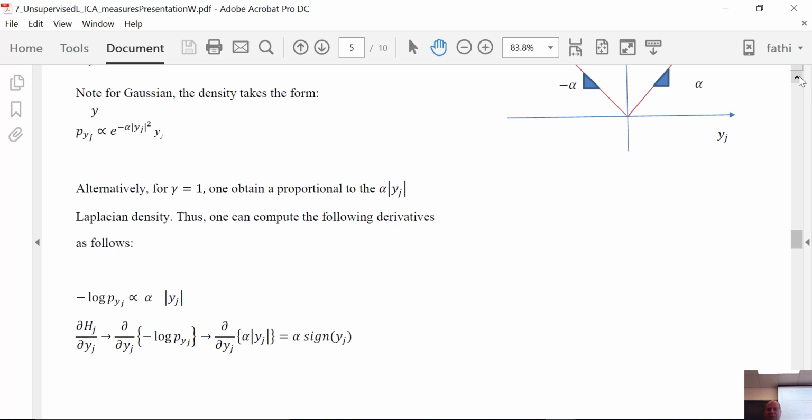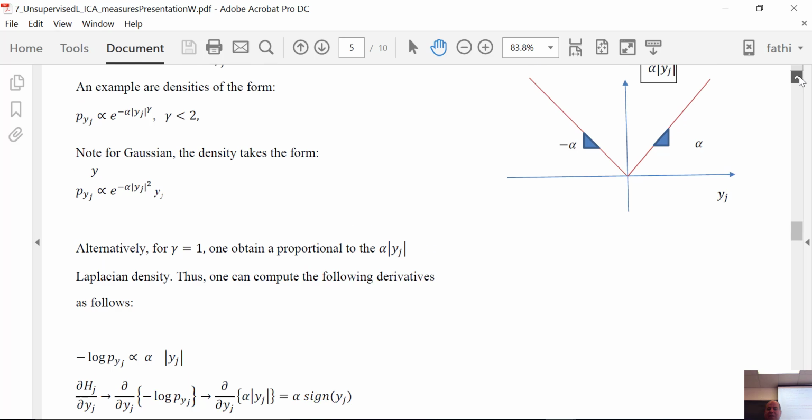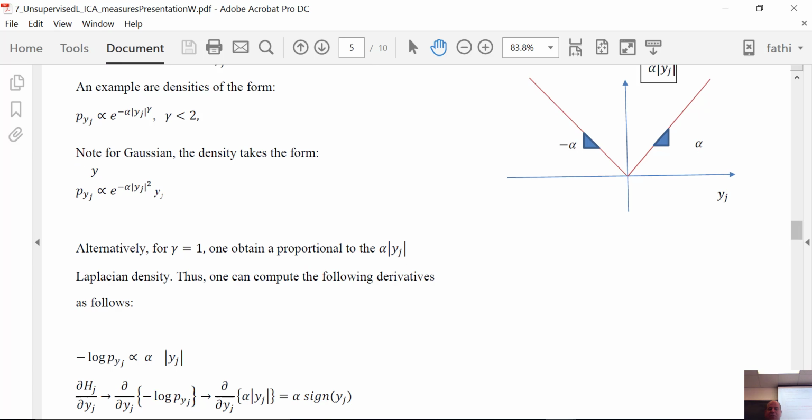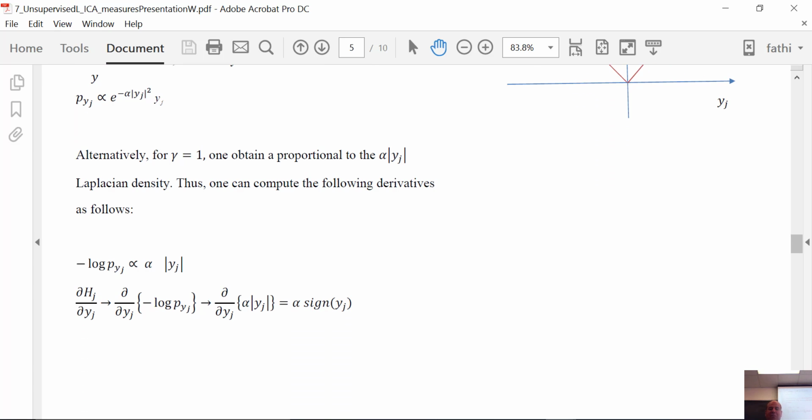So pictorially, the derivative of this one is going to be a flat line at height alpha, and then it jumps to negative alpha, just a square or step function. That's the derivative, which is represented by this sign.